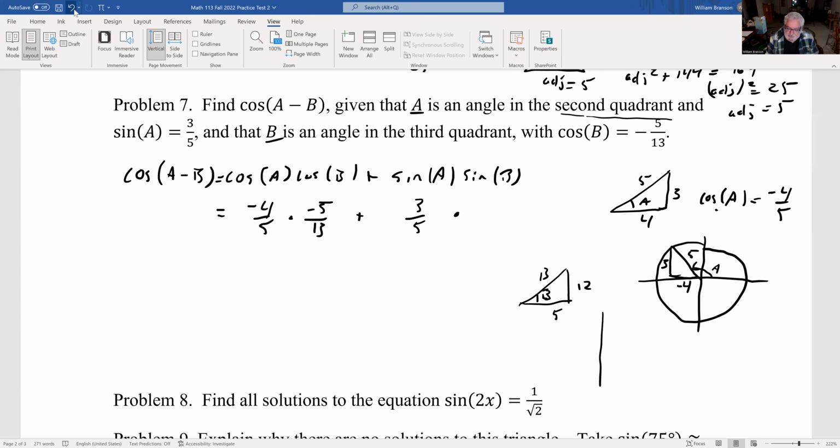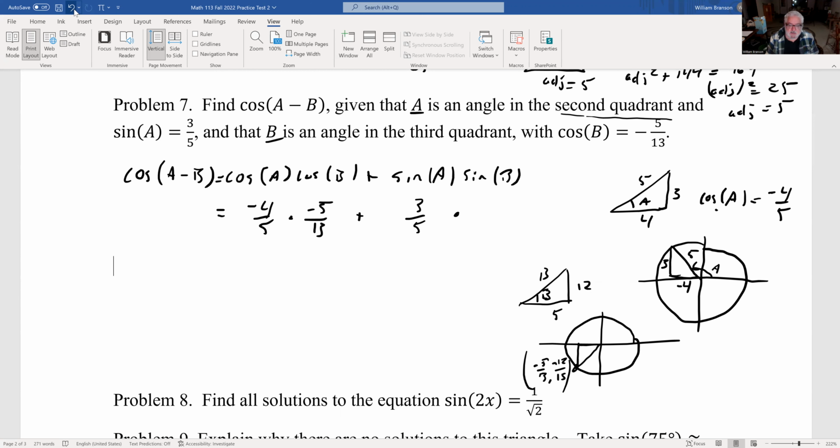But when we think about this as being in the unit circle, it's a triangle that's actually down here, right? And so the coordinate of this point is going to be the x-coordinate is -5/13, and the y-coordinate is -12/13.